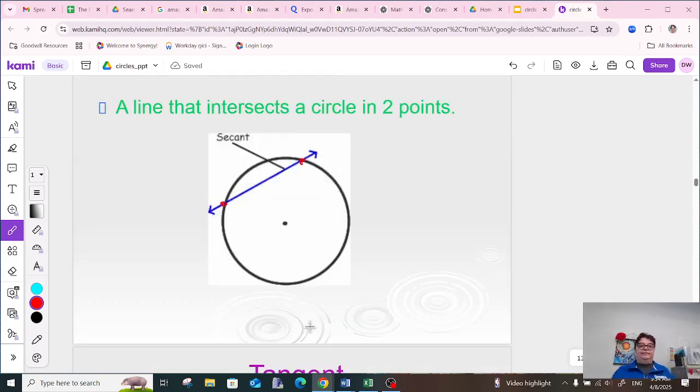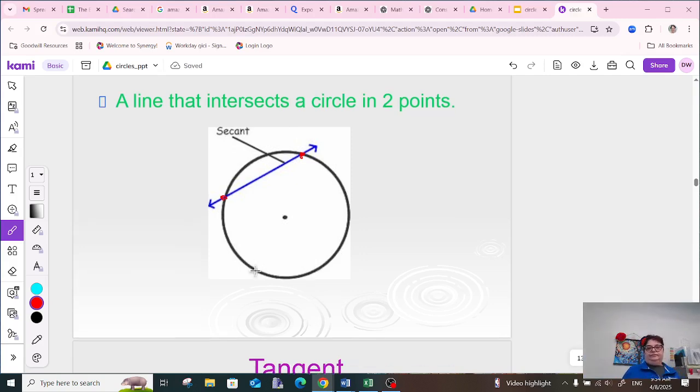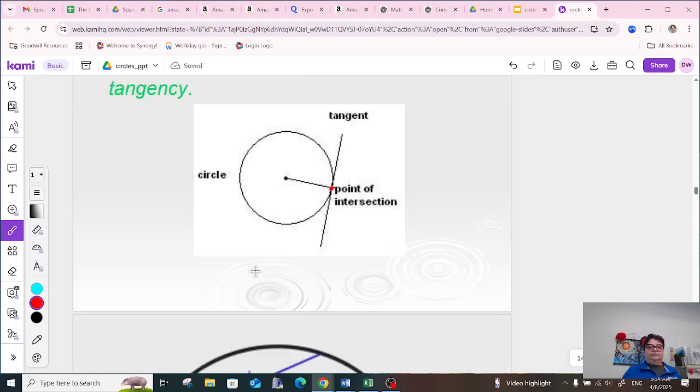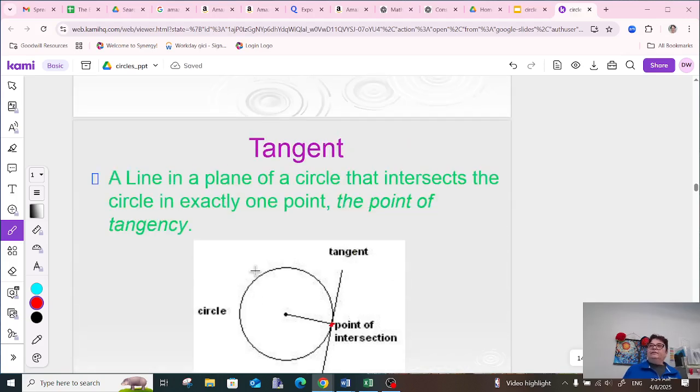Okay, secant. We labeled a secant earlier, did we not? A secant passes through the circle and intersects the circle at 2 points. Now, tangent: a line in a plane of a circle that intersects the circle at exactly 1 point.